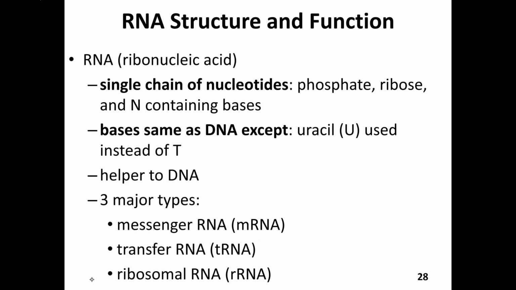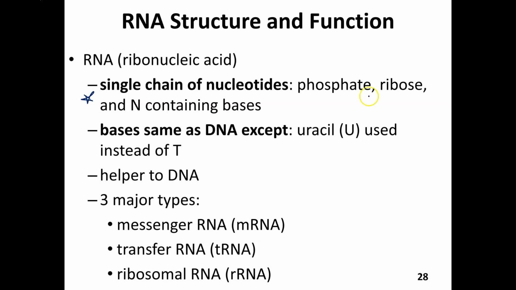And so let's quickly go over what RNA is, and then we'll get into actual transcription. So RNA is another type of nucleic acid. Whereas DNA is double-stranded, RNA is single-stranded. Okay?